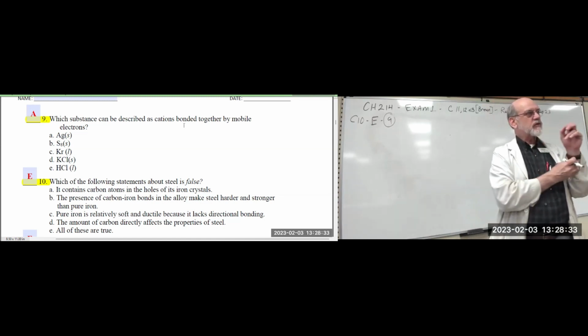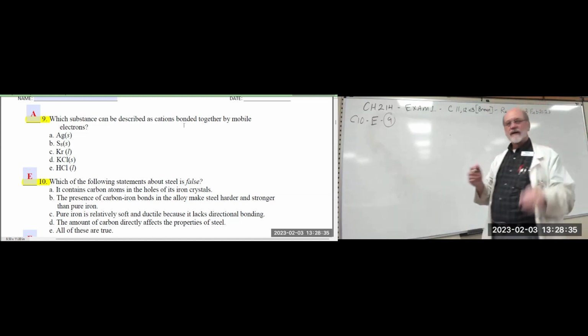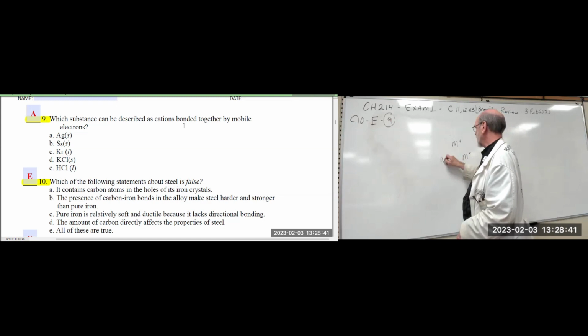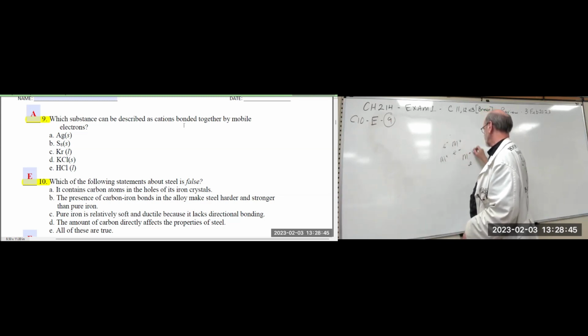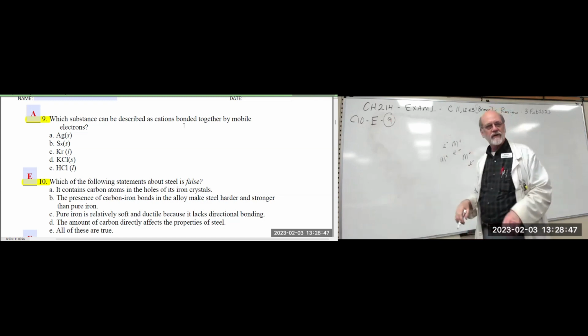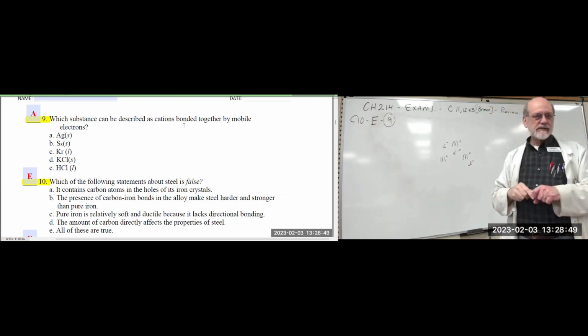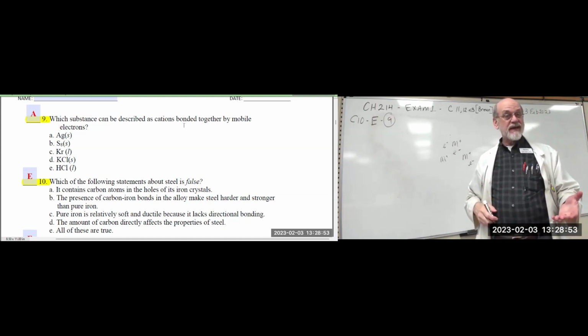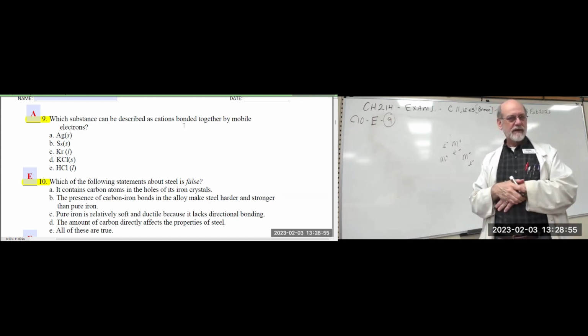Remember the electron sea model had the metal ions here and here and here, and then the electrons scattered throughout. Mobile electrons. So what you need here is one of those being a metal, right?